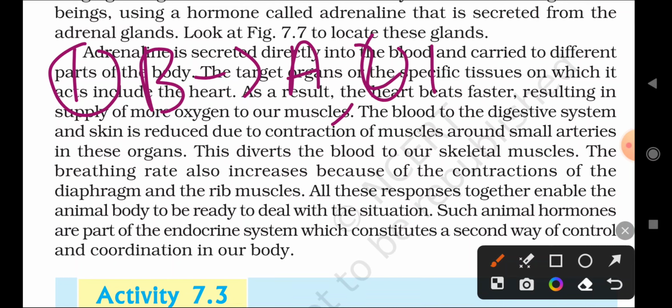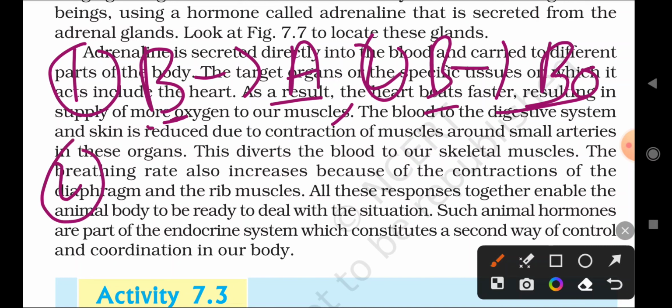And the target tissue or specific tissue, like the heart, will act on it. The hormone will target specific organs like the heart.